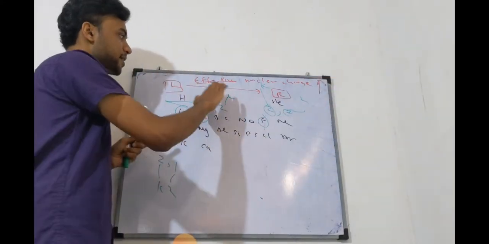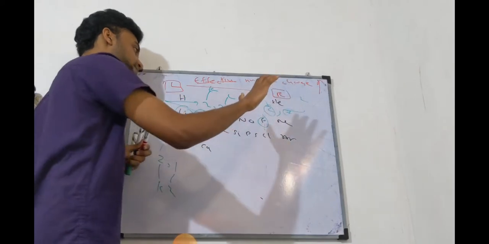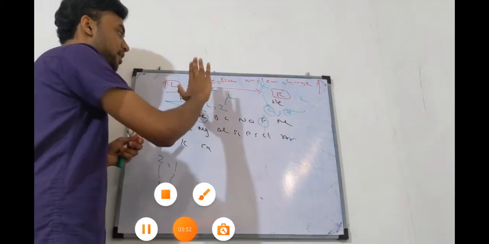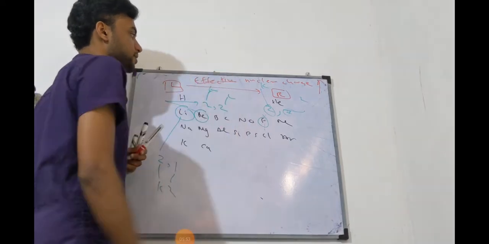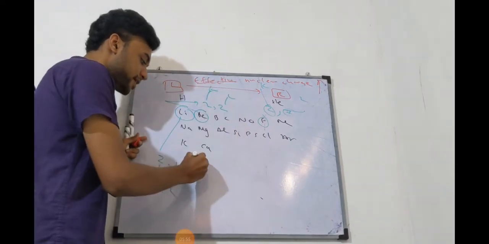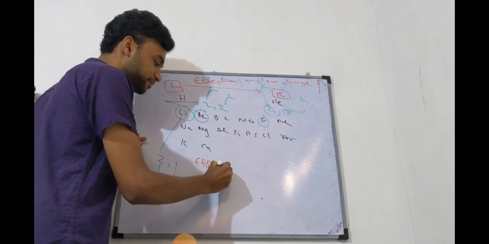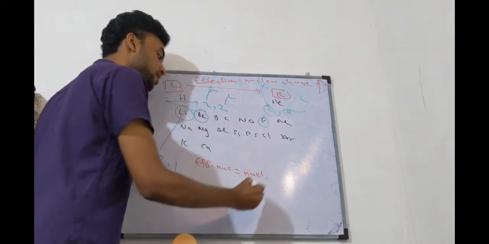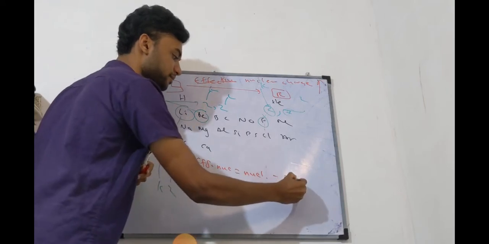When the effective nuclear charge increases, atomic radius decreases. Now, why did I use the word effective? Because effective nuclear charge is defined as the nuclear charge minus the shielding effect.